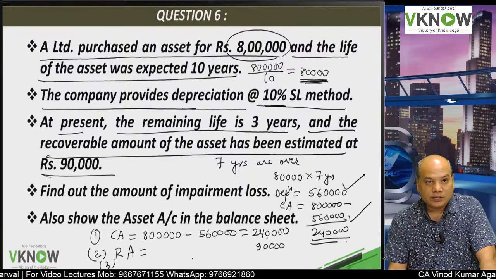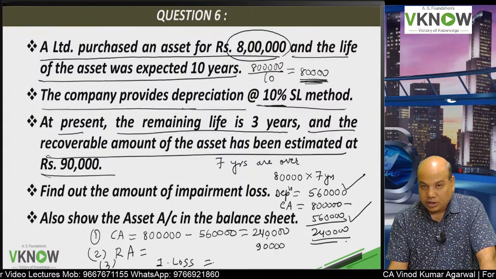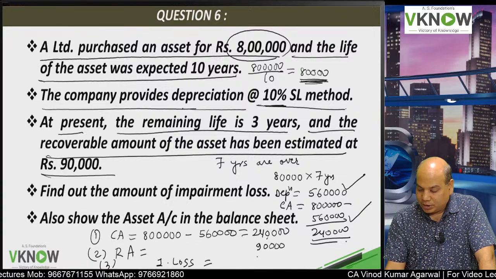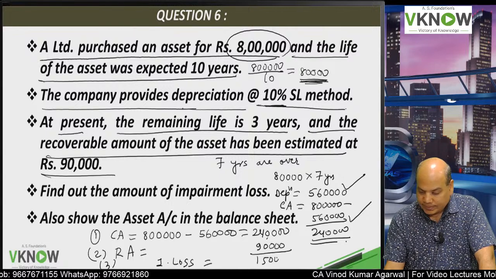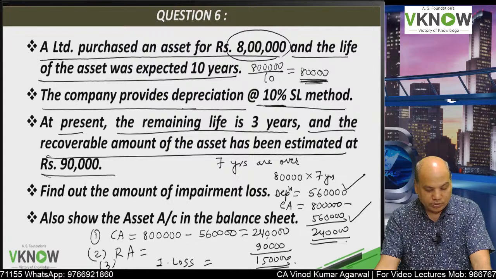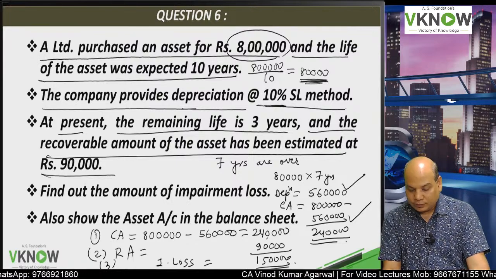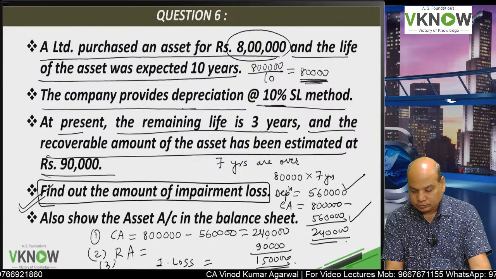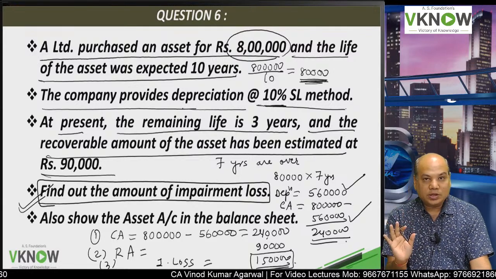So first we'll check whether the asset is impaired. Yes, because carrying amount is more than recoverable amount, asset is impaired, and the impairment loss would be 1,50,000. Okay, so first question is find the impairment loss. Impairment loss is 1,50,000.